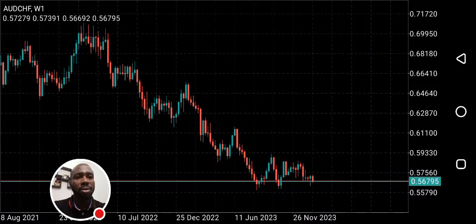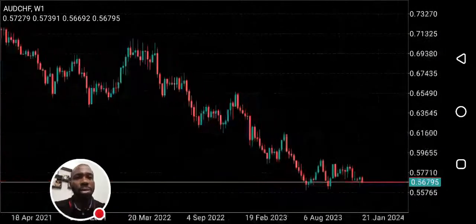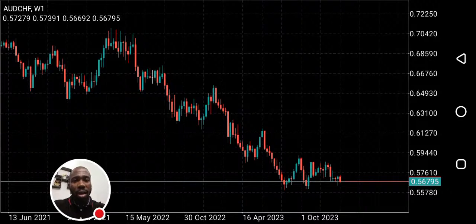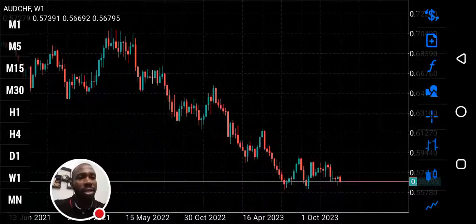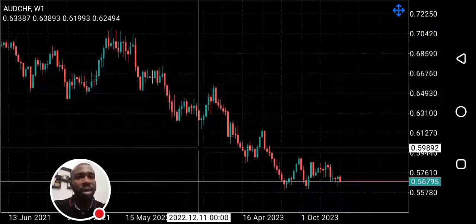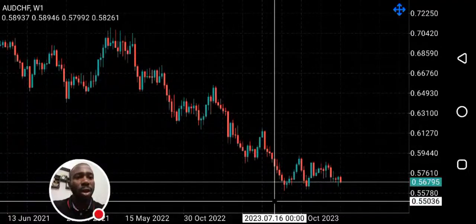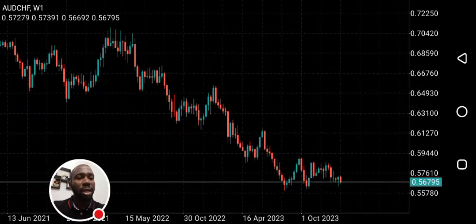It's been forming a series of lower highs and lower lows, right? Lower high, lower low, lower high, lower low, lower high, lower low. So that tells you the structure is bearish, right?